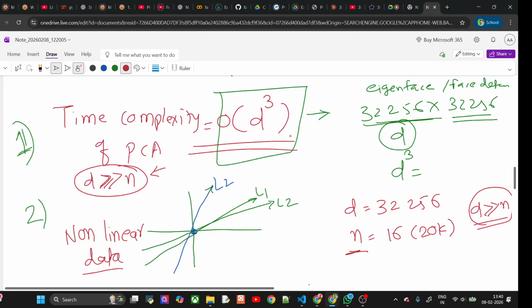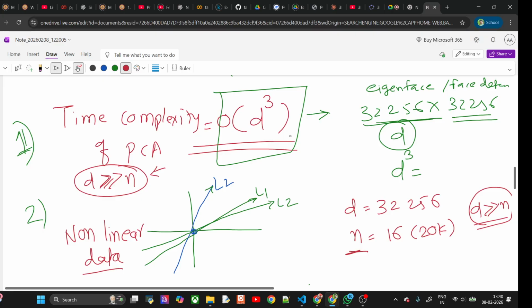In PCA, we found that we are doing these calculations where the number of images is greater than the dimension. But the problem comes when the number of dimensions is greater than the number of images in this eigen calculation, as we saw in the example of face detection.